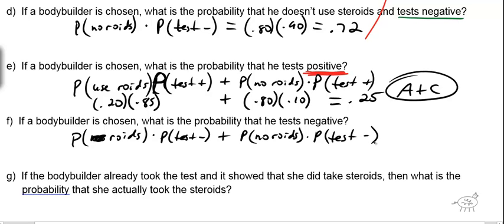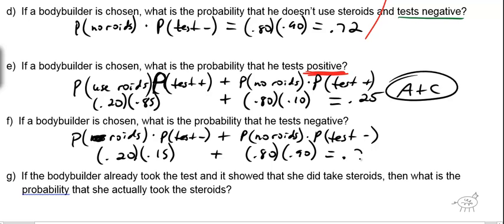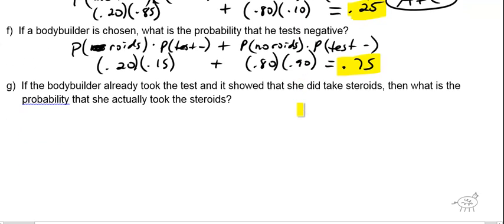Okay, so that's 0.20 times 0.15 plus 0.80, because again it's or, times 0.90. And that gives us 0.75. So once again, math fans, these two probabilities add up to 1.0 because you either tested positive or you tested negative. Okay? All right. So last one here.